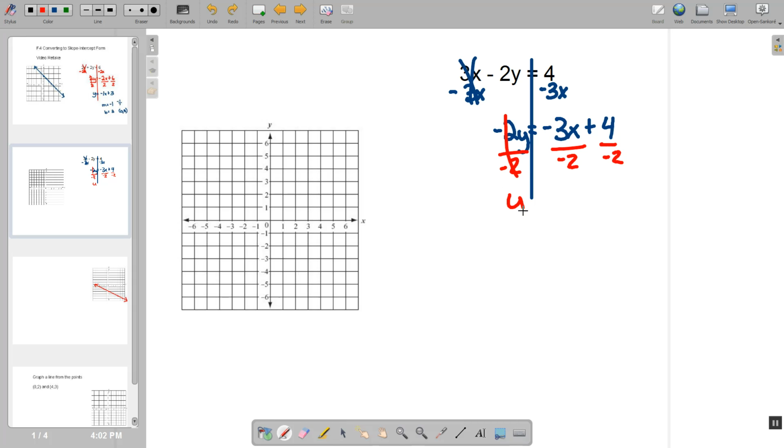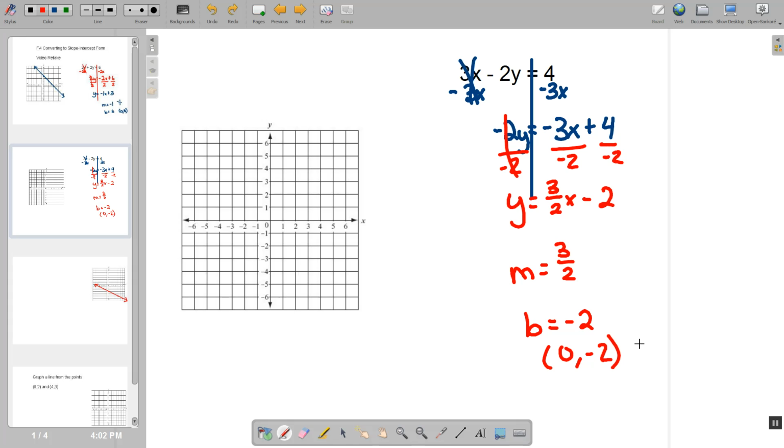So I get y equals positive 3 halves x minus 2. Our slope is then 3 over 2, and our b value is negative 2, or (0, negative 2).